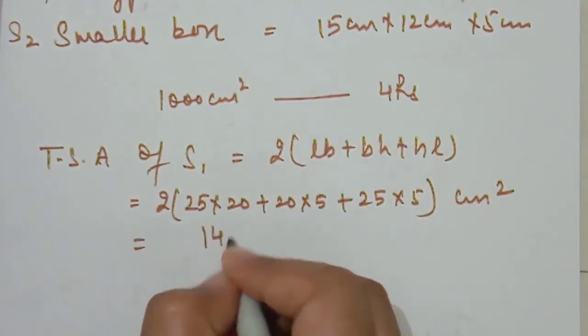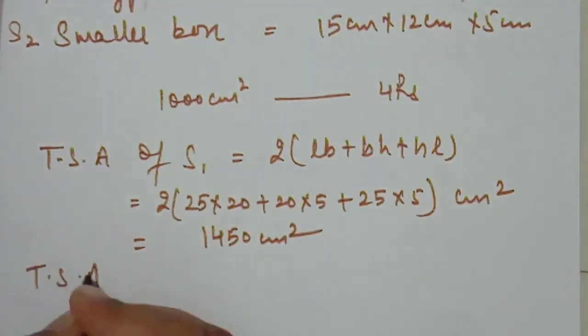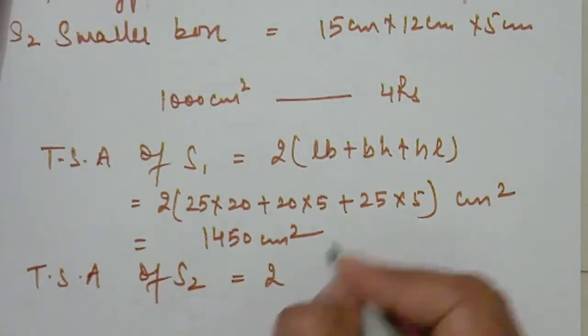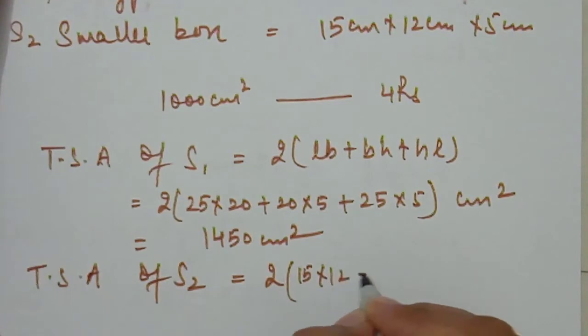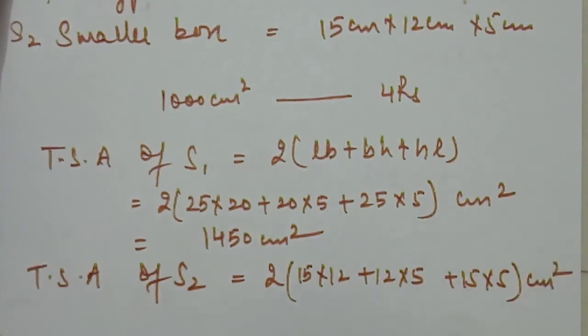So it is 1450 centimeter square. Now the total surface area of the small box, again with the same formula, 2 into (15 into 12 plus 12 into 5 plus 15 into 5) centimeter square. Now it is 630 centimeter square.